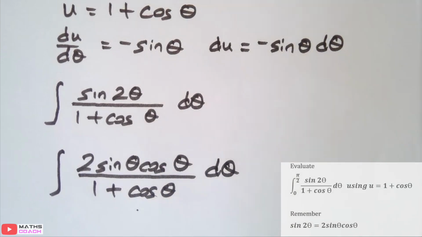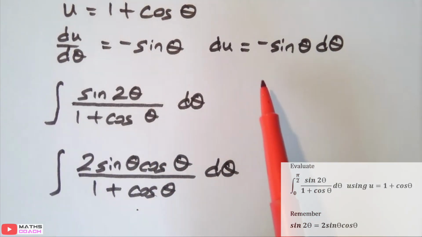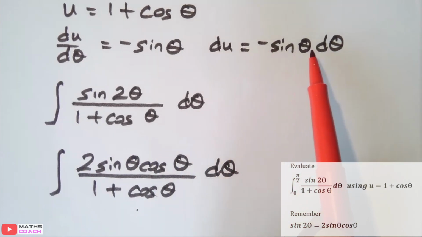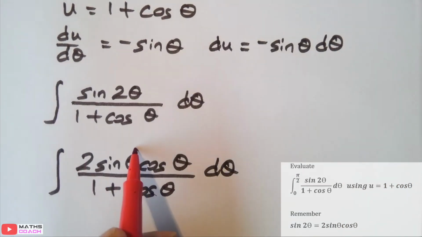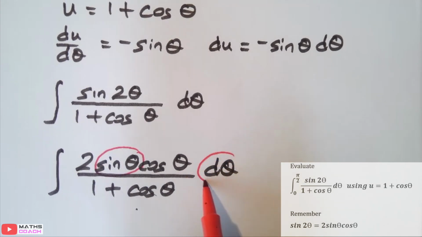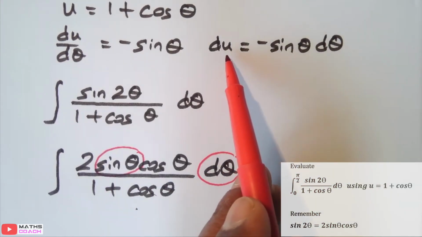But what you need to do is also look at this expression and compare it with our du. We know that du is negative sine theta d theta. At a glance, I can see sine theta and d theta here. So sine theta d theta is the same as negative du.